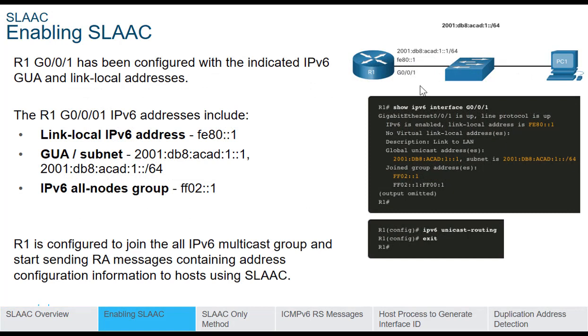Now, on your right, you can see an image that shows R1 with a global unicast address, the 2001. Anytime you see an IPv6 address that begins with 2001 and onwards, that's a global unicast address. And link local addresses begin with FE80.